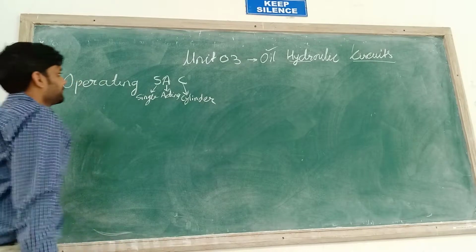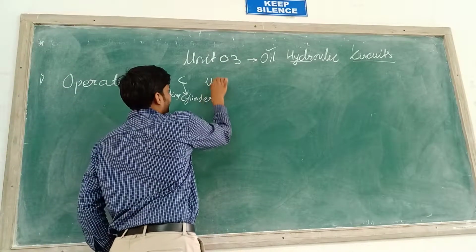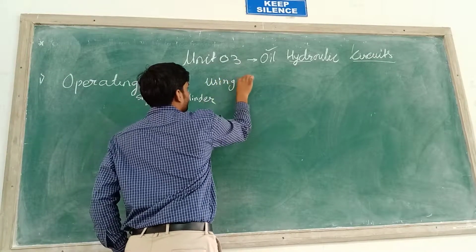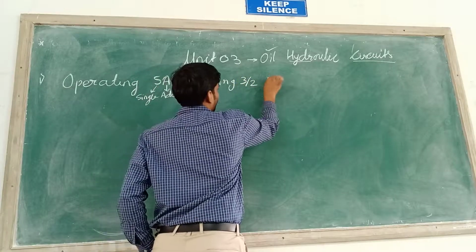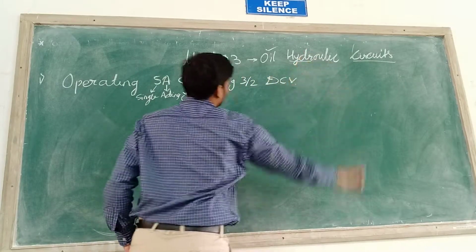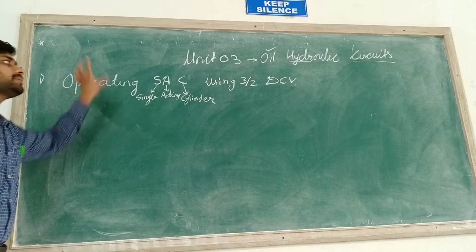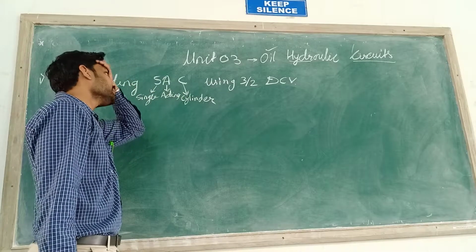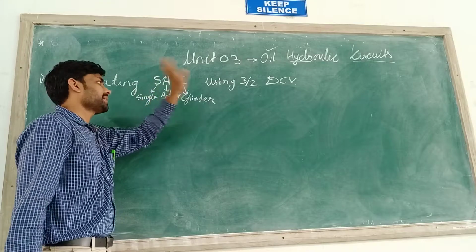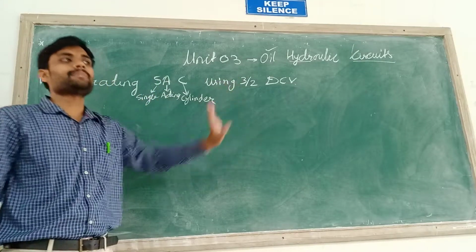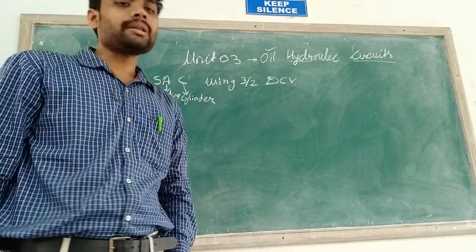This is the basic hydraulic circuit to operate a single acting cylinder using a 3 by 2 directional control valve.